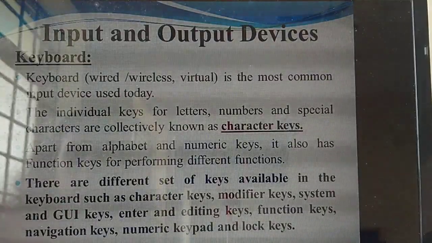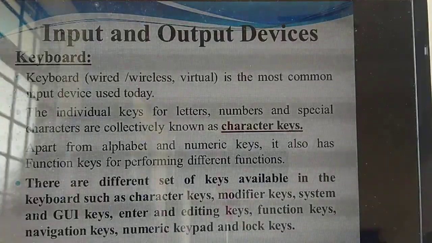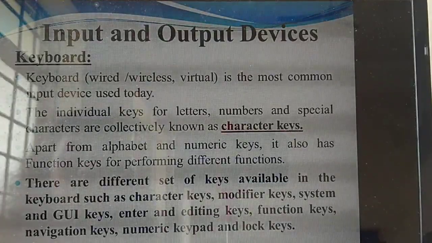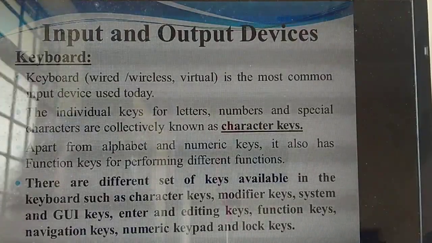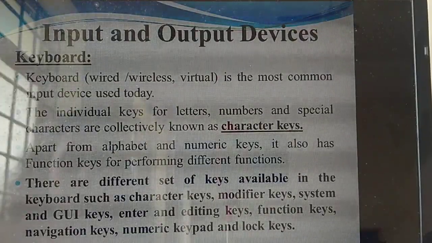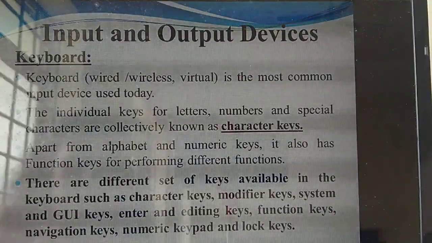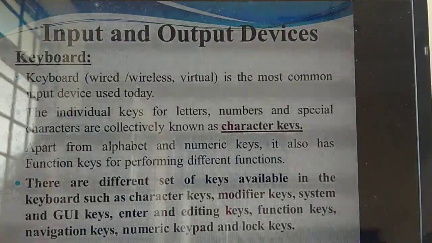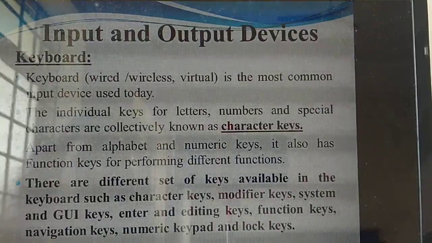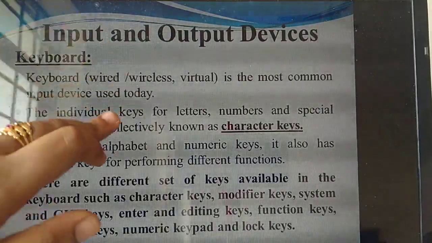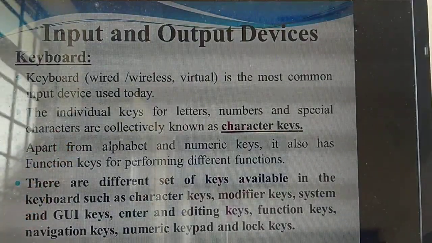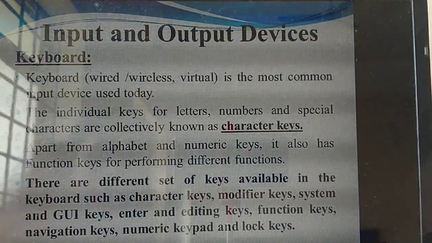Which is the common input device we are using today? Keyboard. If you see the keyboard, a lot of keys are there. Letters, that means characters A, B, C, D, all the letters are there. Numbers are there. Altogether, letters, numbers and special characters are collectively known as which key? This is a very important question, please note it down.